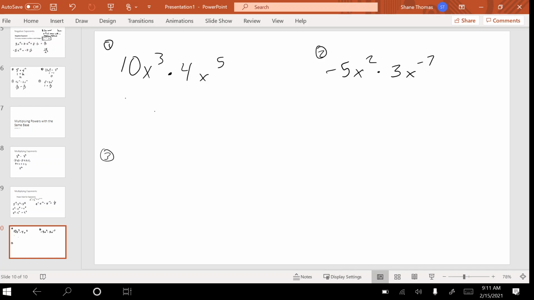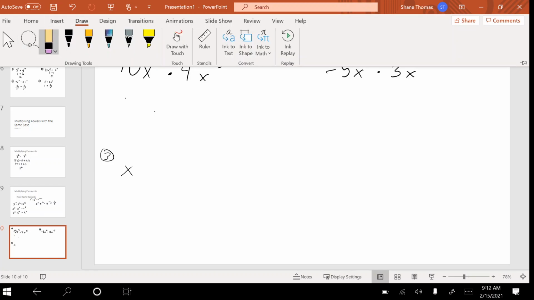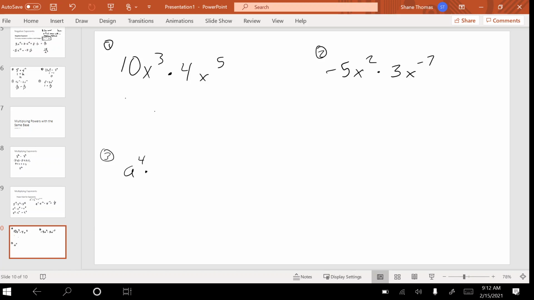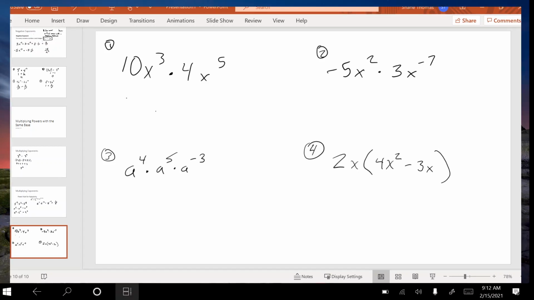Add the exponents. All right, there you go. There's 4 of them.